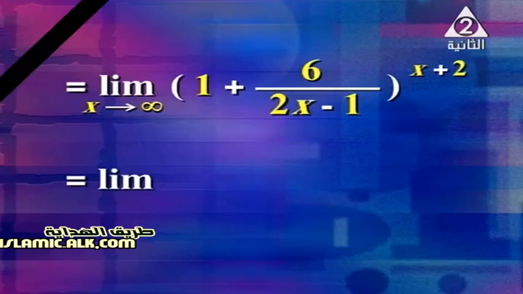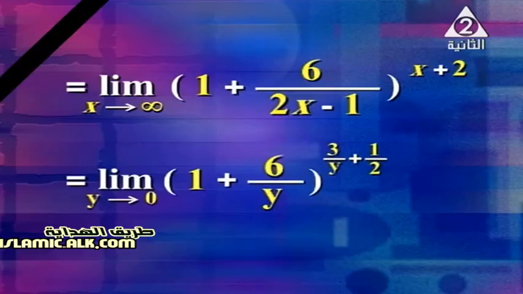After that, we write limit x tends to infinity, bracket contains 1 plus 6 over 2x minus 1 for all power x plus 2 is limit when y tends to 0, 1 plus y for all power 3 over y plus half.